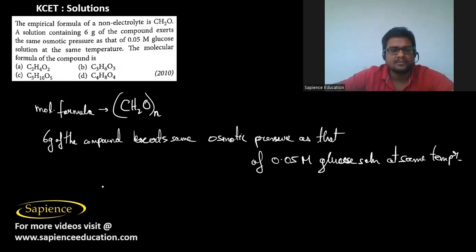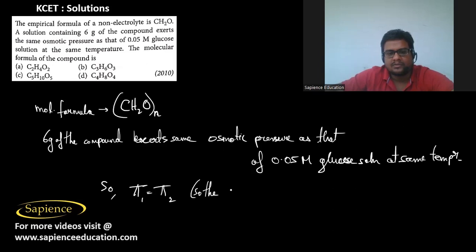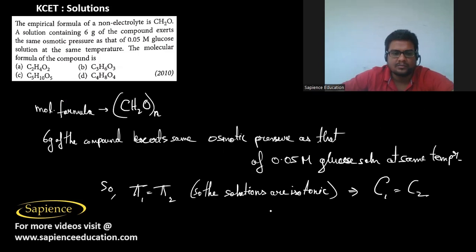So the osmotic pressure is the same. It means that pi 1 equals pi 2, so the two solutions are isotonic. It means their molar concentration should be the same, C1 should be equal to C2.